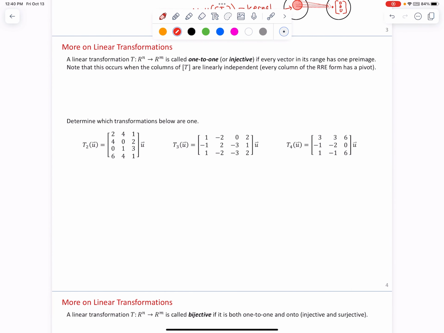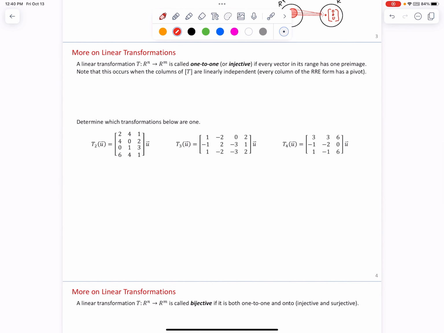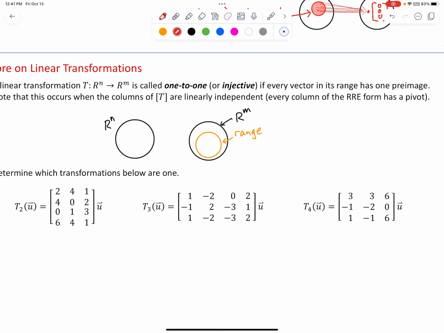Now, a linear transformation T from Rn to Rm is called one-to-one, or injective, if every vector in its range has one preimage. Okay, let's investigate what this means. We'll use a Venn diagram to make sense of this. We're back to Rn mapping to Rm, and the transformation having a certain range. And in general, the range and the codomain don't have to be the same. But in order to be a one-to-one or injective transformation, every vector that you pick that's in the range can only have one preimage.